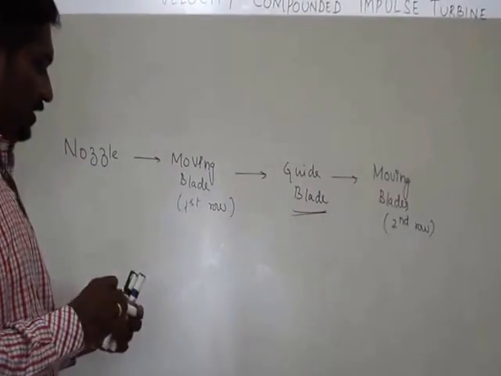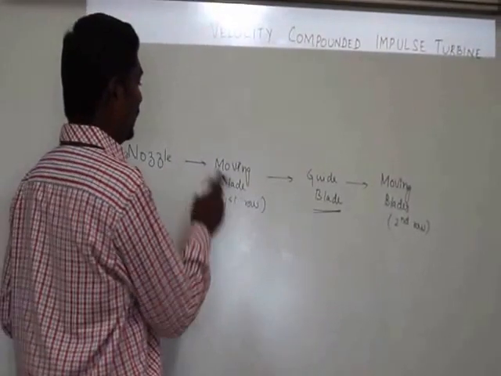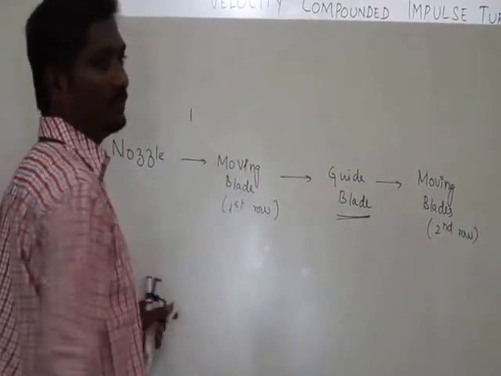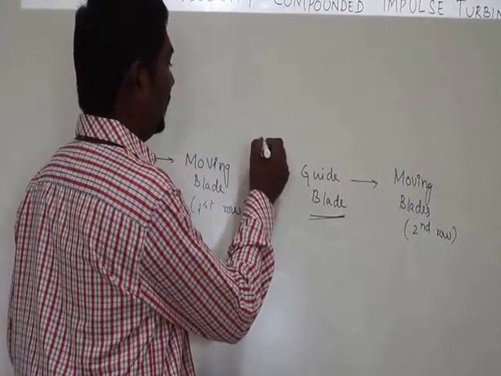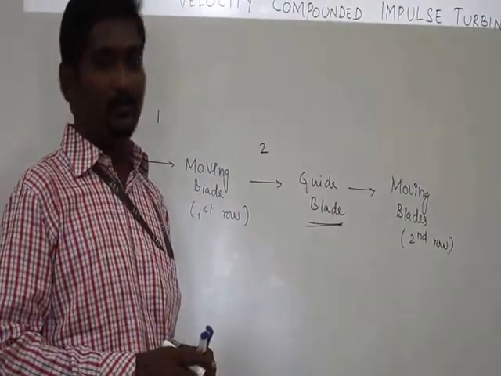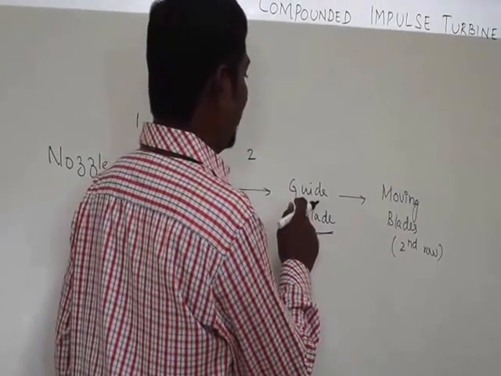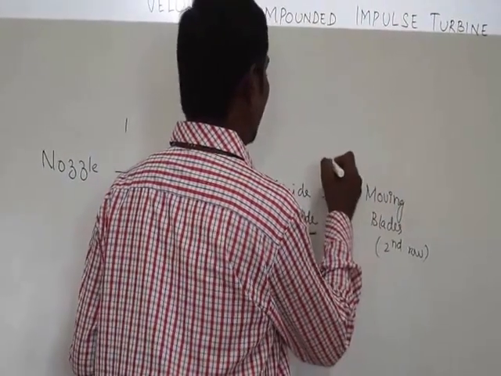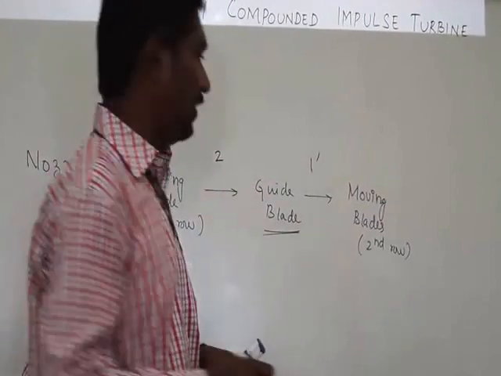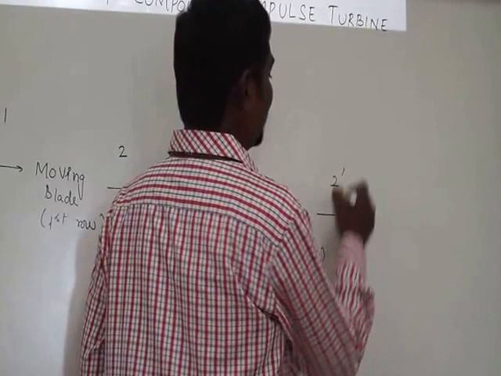So the notation that we are going to follow is like this. Inlet to the moving blade, I am going to have subscript 1. When the fluid comes out from the moving blade at the first stage, it will be represented by subscript 2. Then the inlet to the guide blade and the second row moving blade is 1 prime or 1 dash, and when the fluid comes out from the second row of the moving blade, its subscript is 2 dash or 2 prime.